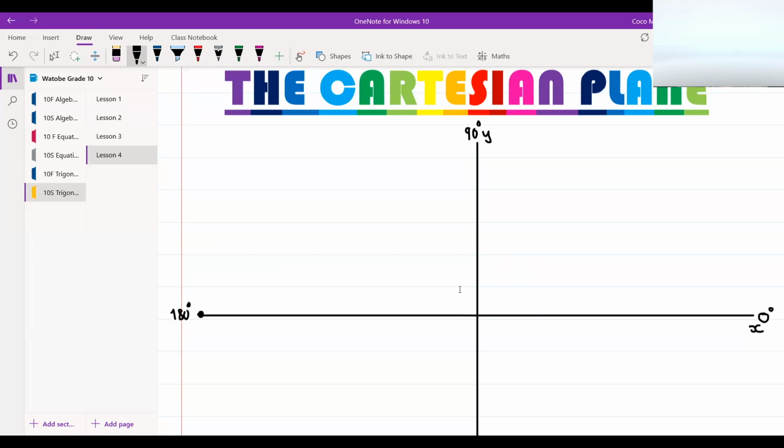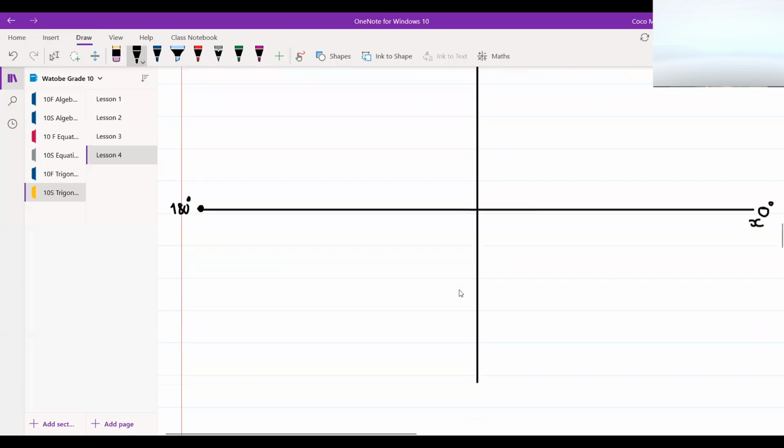Excellent. Now, what happens if I go all the way down here? What part will this be? 360? Oh, 360 will be back at 0. Okay, 270 degrees. Yes, it's 270 degrees. And then you agree with me, hey? 360 degrees will be back here where 0 is.